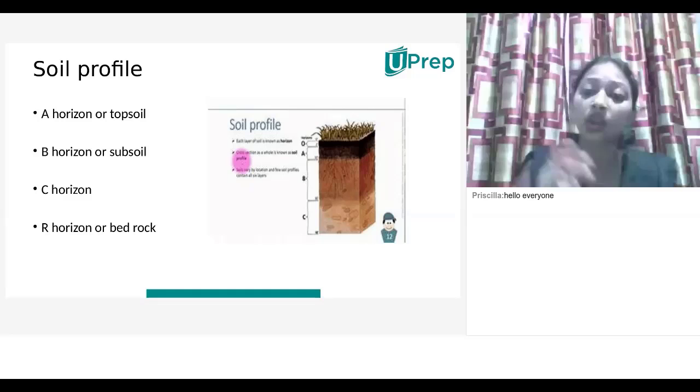So after the soil profile, what is the next one? Soil composition. What do you mean by soil composition, children? What kind of particles does the soil consist of? If you have seen that soil profile, here we will be having a pie chart. You can see how much water is present: 25% of water is present in the soil profile. We are not talking about the earth crust; we are talking about only the soil profile.